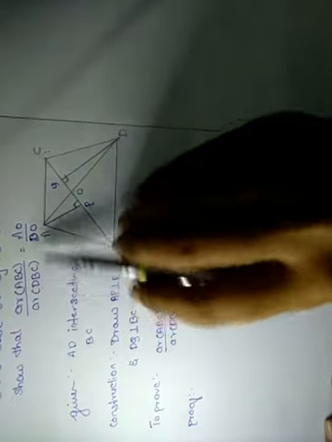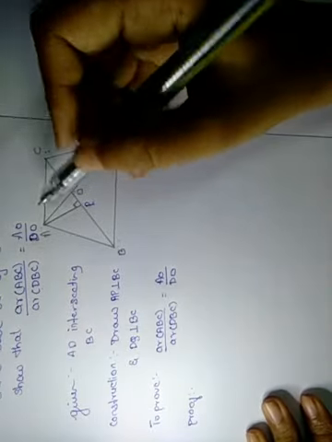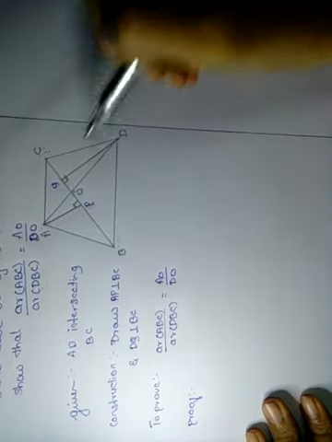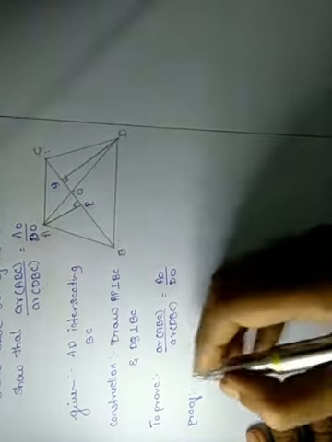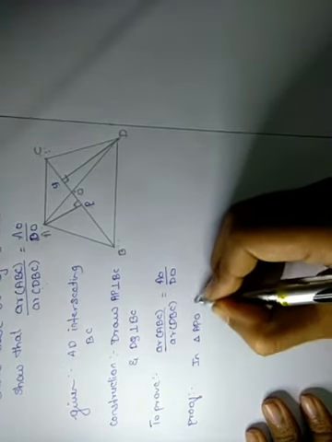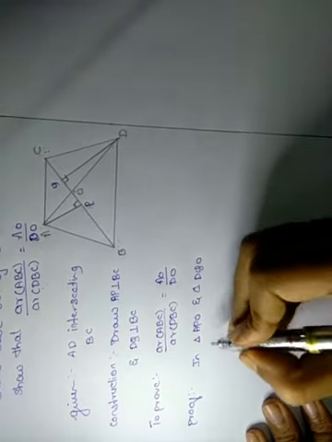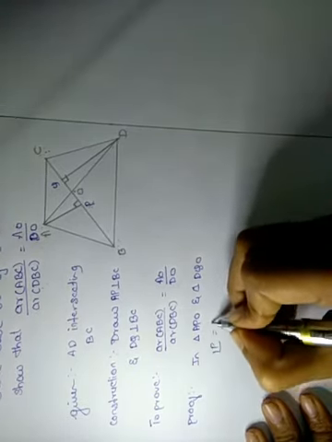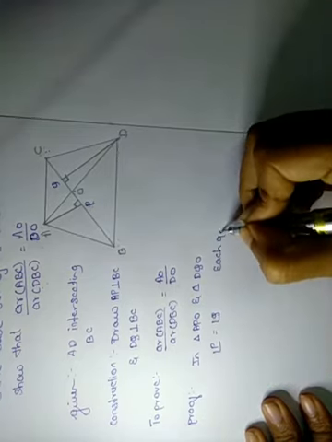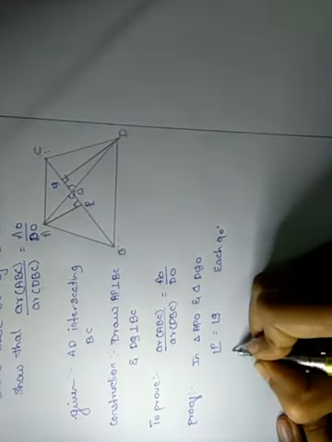Here we need to show that this is equal. So we have to consider triangle APO and triangle DQO. In these two triangles, we know that angle P is equal to angle Q because each is 90 degrees, and angle O is equal to angle O, vertically opposite angles.